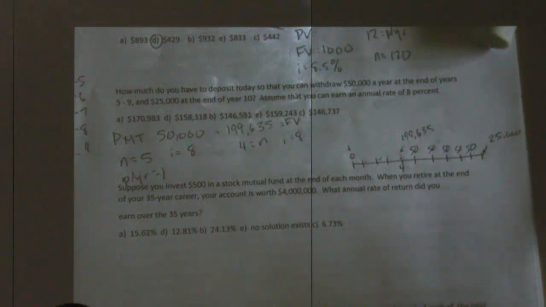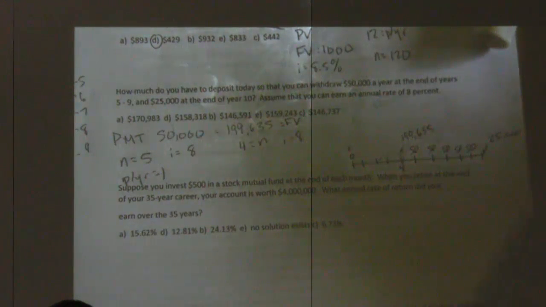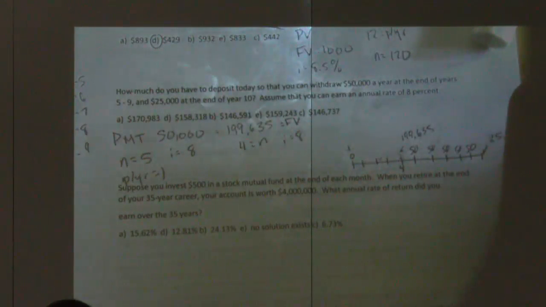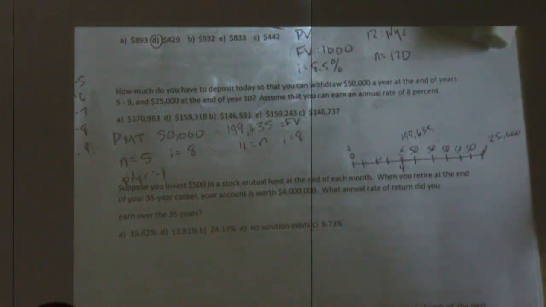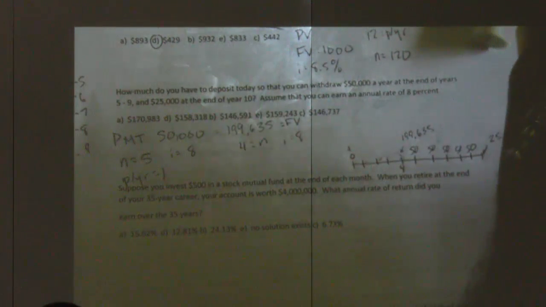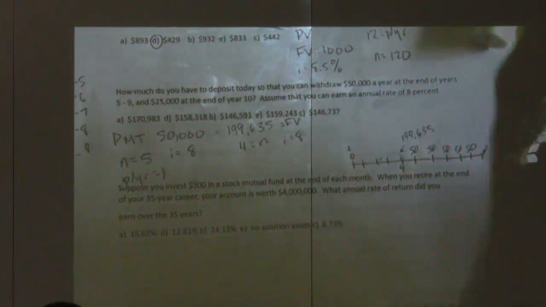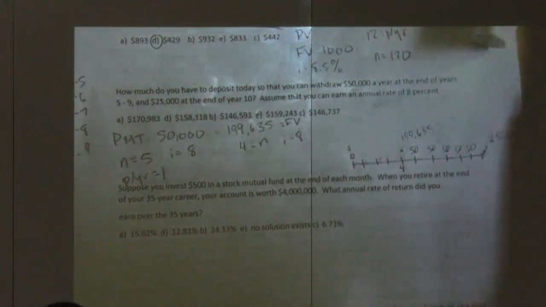So you're going to put 0 in for cash flows for years 0 through 4. And when you get to year 5, you're going to put 50,000 for 5 through 9. So you're going to press the cash flow button 4 more times. And then on year 10, you can put 25,000 as your ending cash flow.